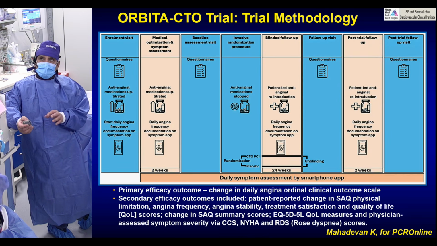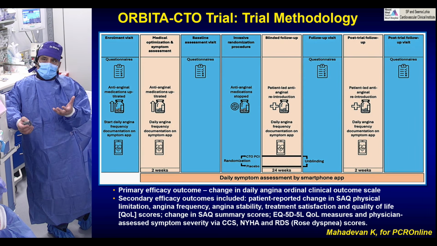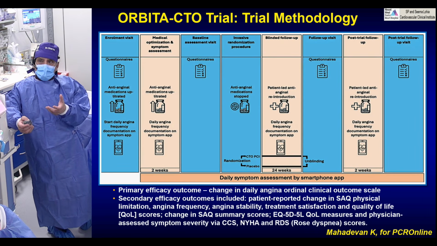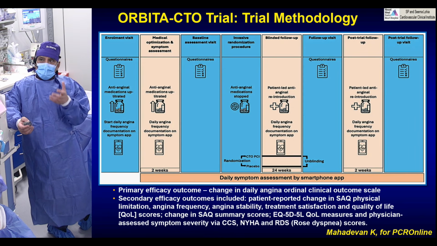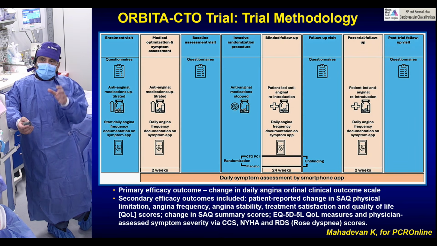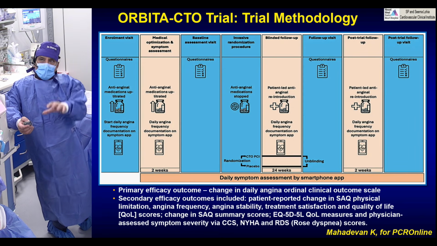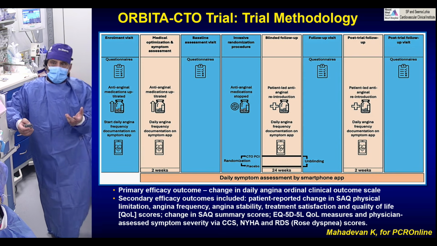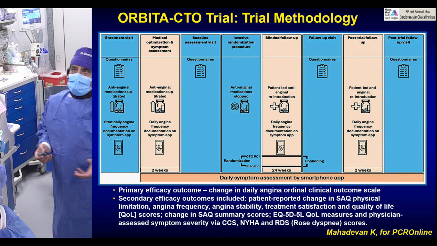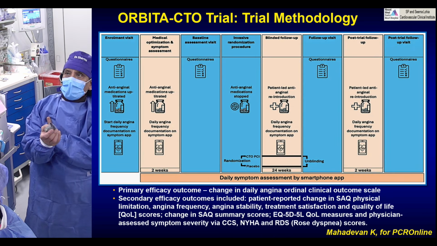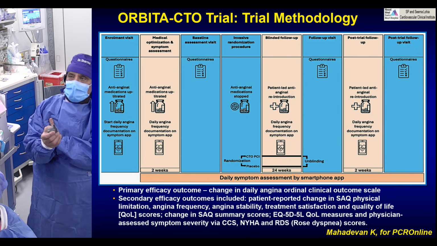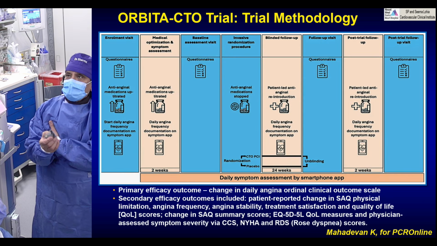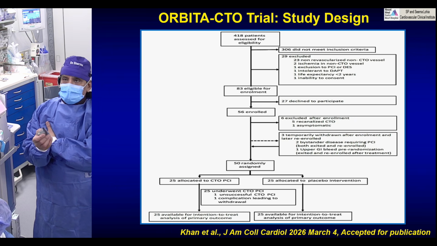And what they did in Orbita, which is their master in it, is that everything is app based. So patients know about the angina symptoms, they're taught about it, and then a change in daily angina, ordinary clinical outcome scale. After initial teaching, patients were randomized with blinded follow-up and restart of the anti-anginal medications, and then followed for 6 months.